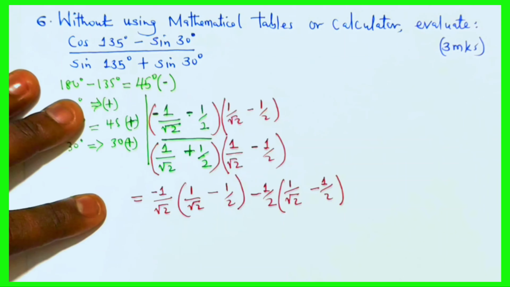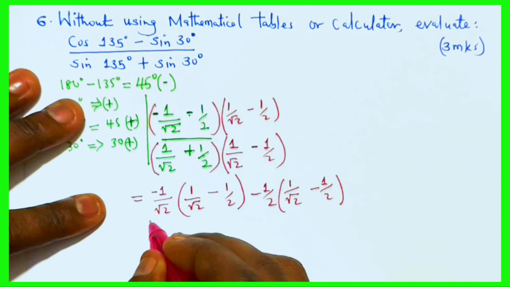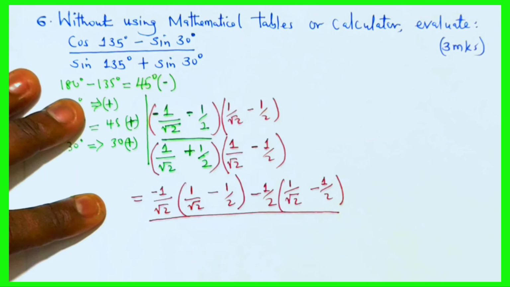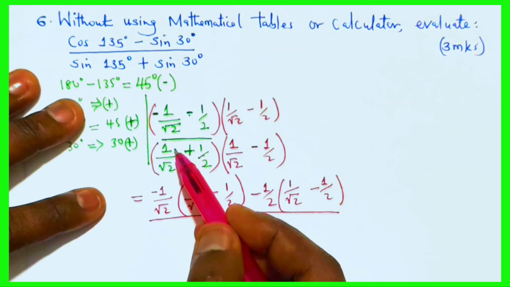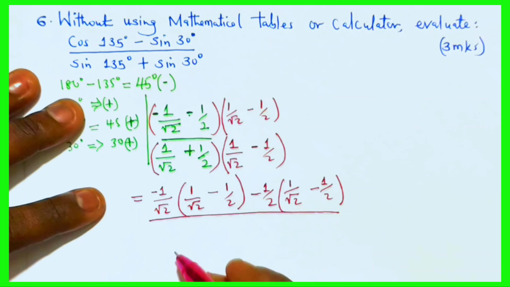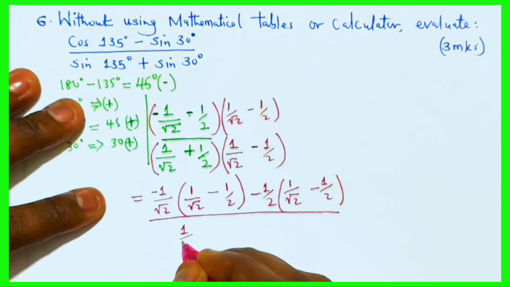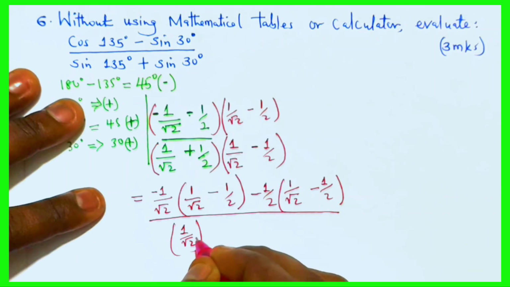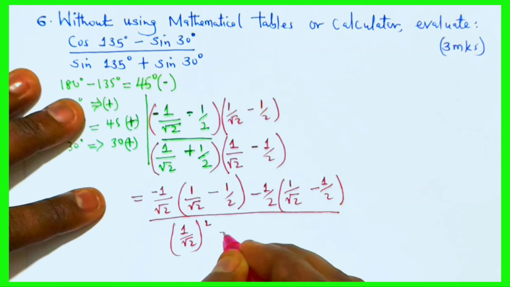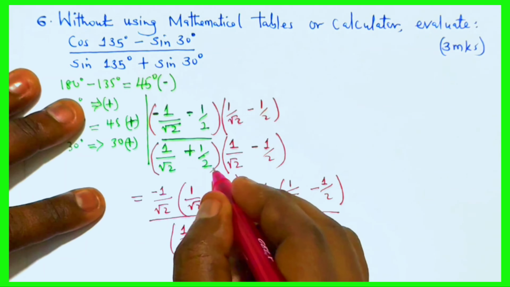Okay, and then on the denominator I'm going to have difference of two squares. That means I'll pick the first term here, and then I square it, 1 over root 2 squared, and then I subtract the second term, and then I also square it like that.